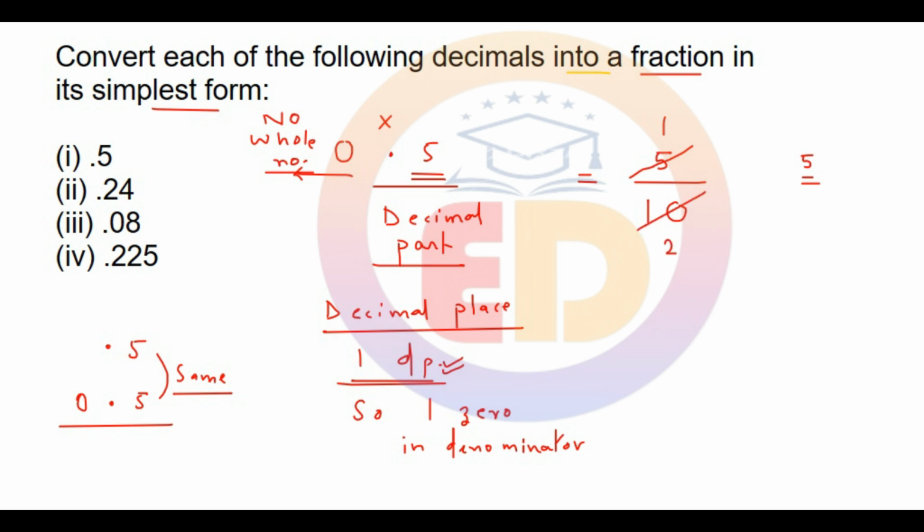So 5 by 10 in the simplest form becomes 1 by 2. Rather, I can say that the decimal number 0.5 in the simplest form of fraction becomes 1 upon 2. This is our answer. Let us understand it better through some more examples.